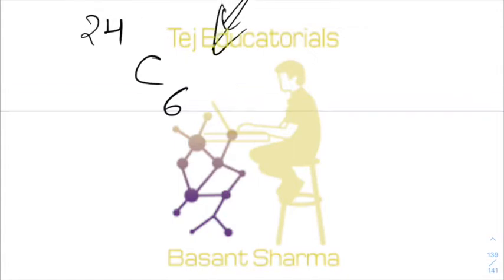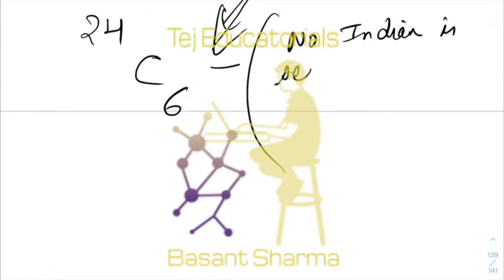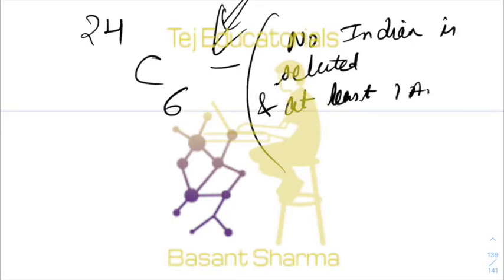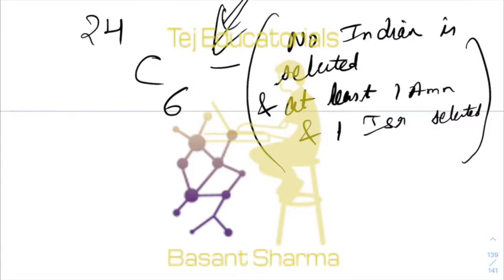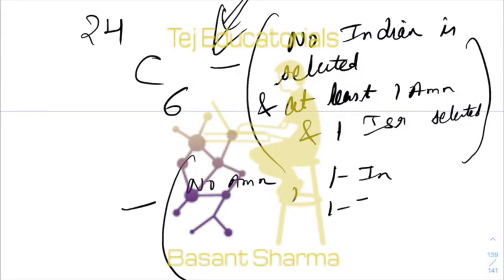So 24C6 minus, one of the unfavorable cases is no Indian is selected, and at least 1 American and 1 Israeli selected. This is one of the unfavorable cases. Minus no American, and at least 1 Indian and 1 Israeli selected.